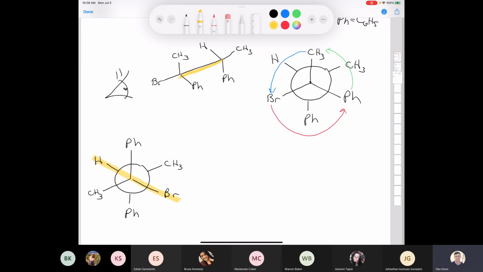So that when I eliminate them, you can clearly see that if I draw this carbon in blue, it's going to have a double bond to this carbon. We'll say that this one is red.